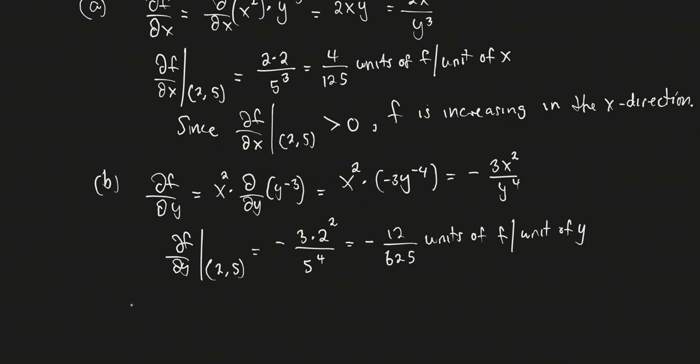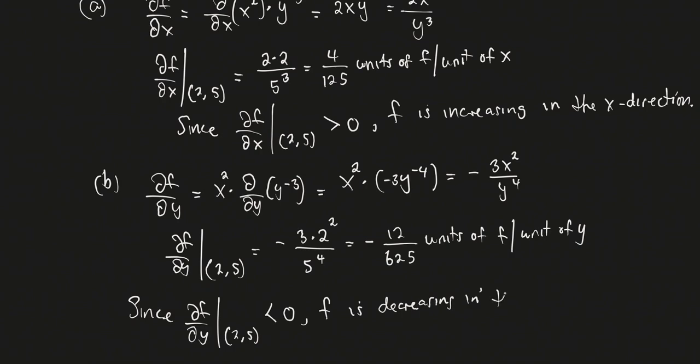So to answer the question, we will say, since our partial derivative with respect to y evaluated at that specific point is now negative, our function or surface, so f or z, is decreasing in the y direction.